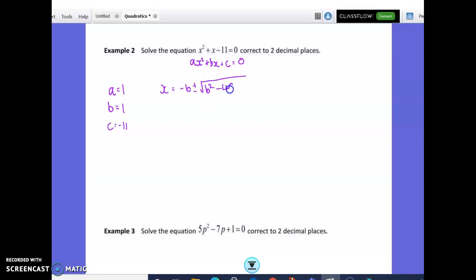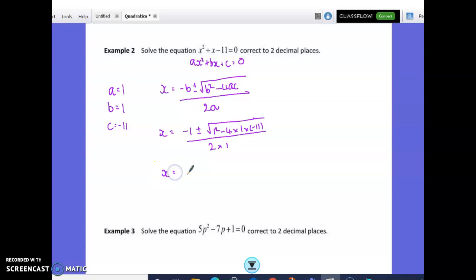Formula then, negative b plus or minus the square root of b squared minus 4ac all over 2a. Subbing in, x equals minus 1 plus or minus square root of 1 squared minus 4 times 1 times negative 11 all over 2 times 1.